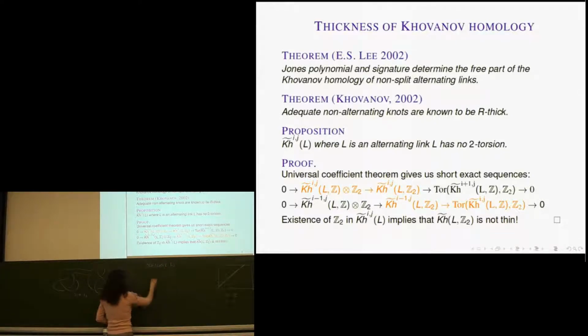An adequate knot is one for which there exists a diagram D such that when you compute the all-0 and all-infinity smoothings, which are homogeneous smoothings where we resolve all crossings in the same way, you get a collection of Kauffman circles.